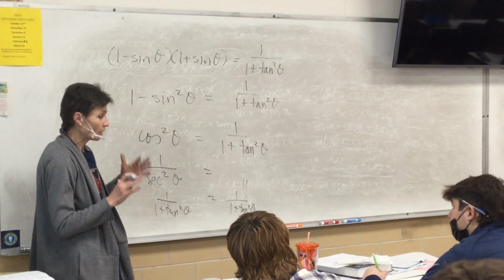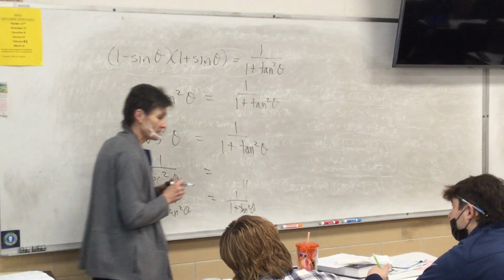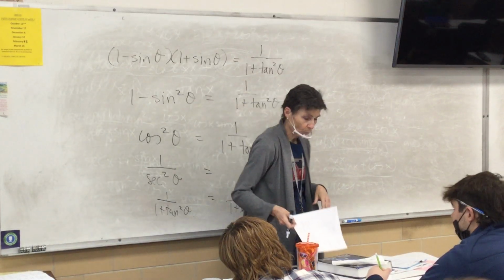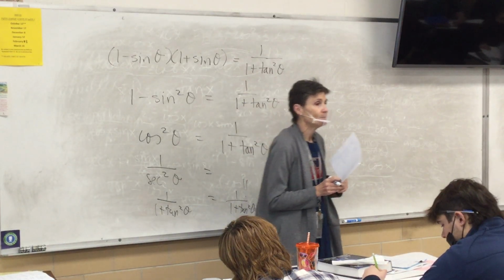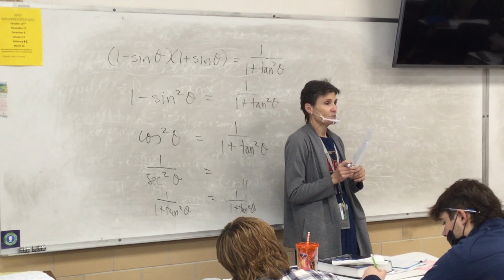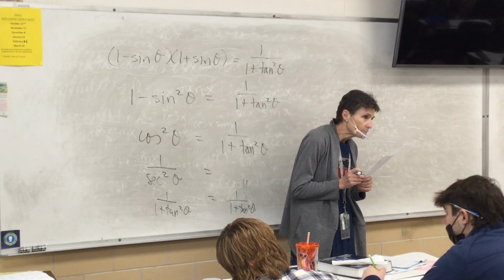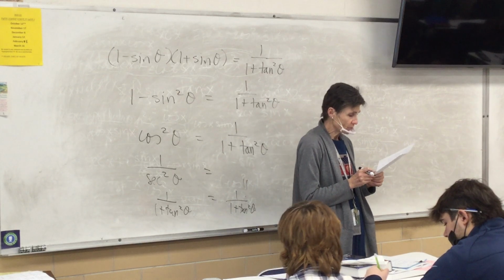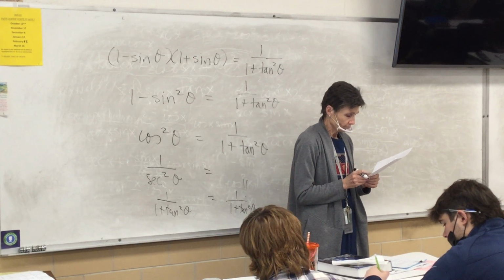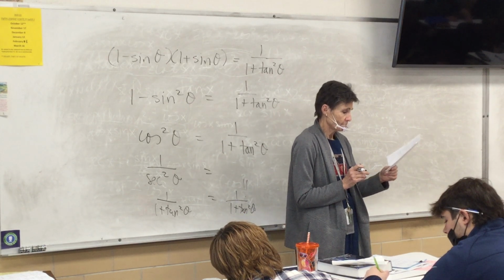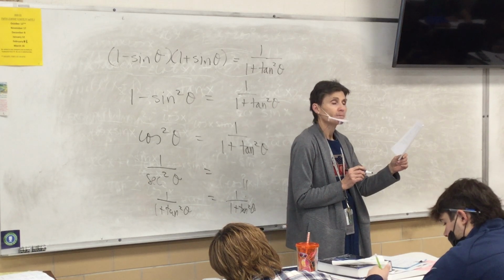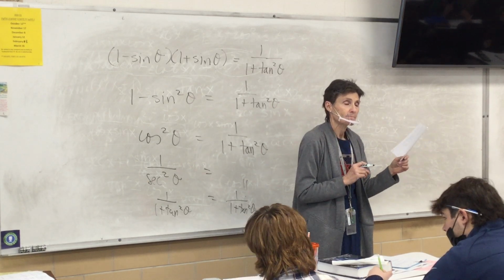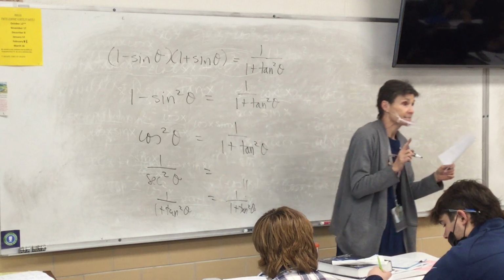Okay, now since you got a whole sheet of paper out, let's pick another one. That one was from worksheet 1. Let's pick one from worksheet 2, and we'll let a boy do it. We'll let Joseph do it. Pick one from worksheet 2, Joseph. Number 6? Okay.